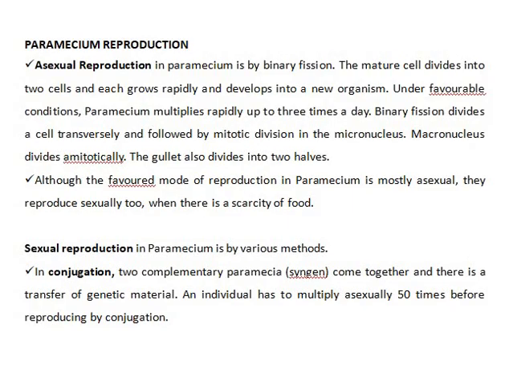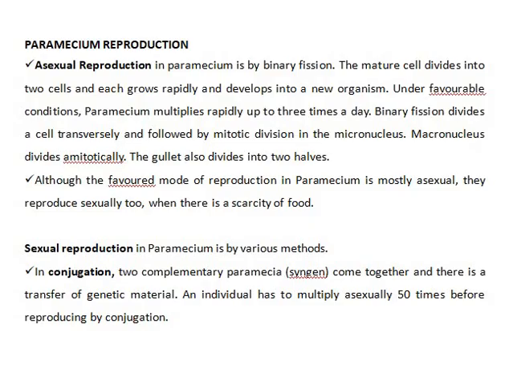Paramecium reproduction: asexual reproduction, and another one is sexual reproduction. Asexual reproduction in Paramecium is by binary fission. The mature cell divides into two cells and each grows rapidly and develops into a new organism.